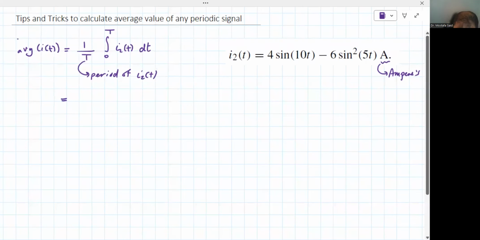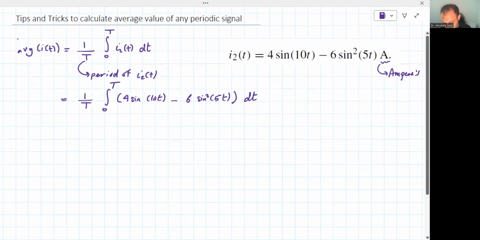Let's apply it. So 1 over T, we don't know T yet, integral from 0 to T, we don't know T yet, of I2(t), which is 4 sine 10t minus 6 sine square 5t dt.